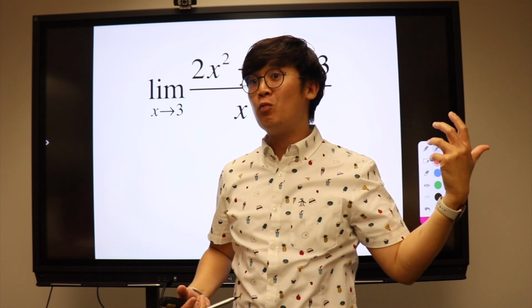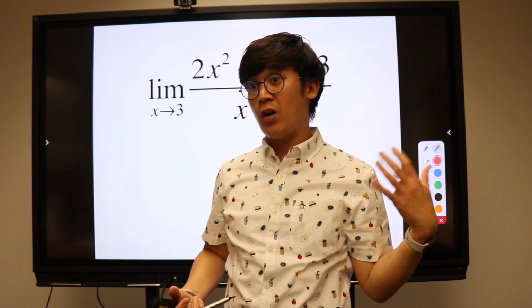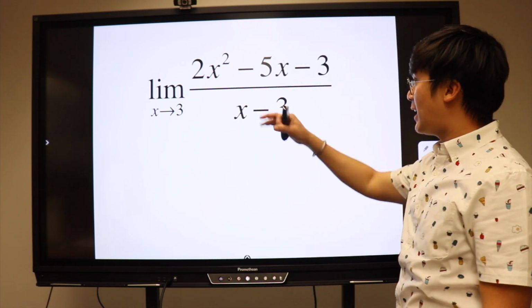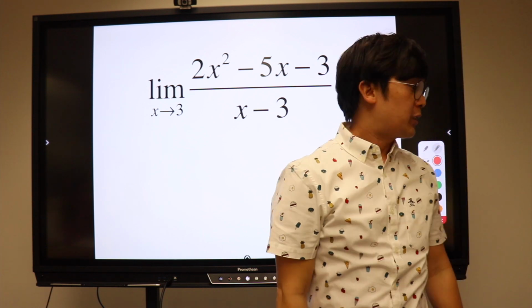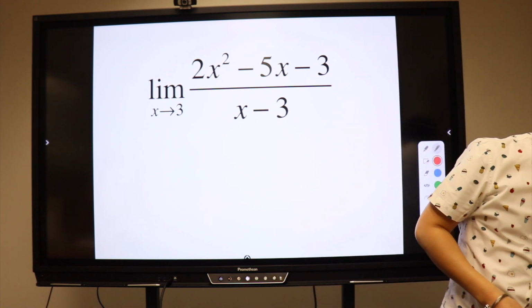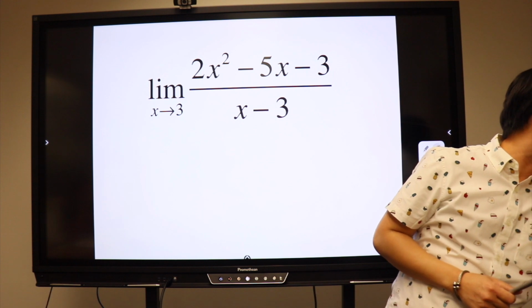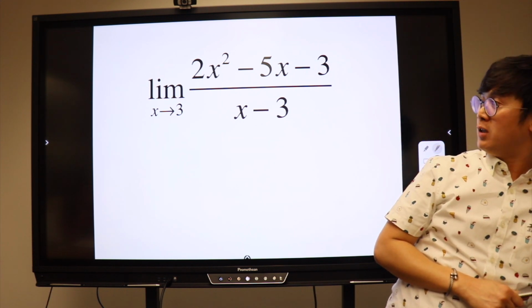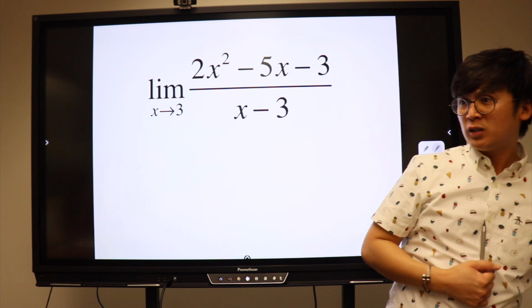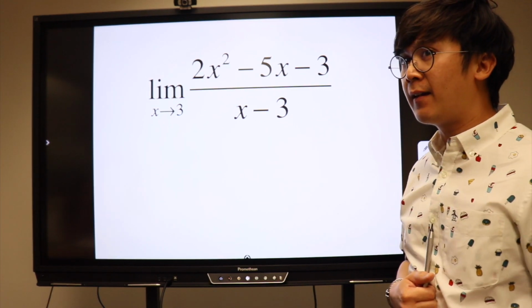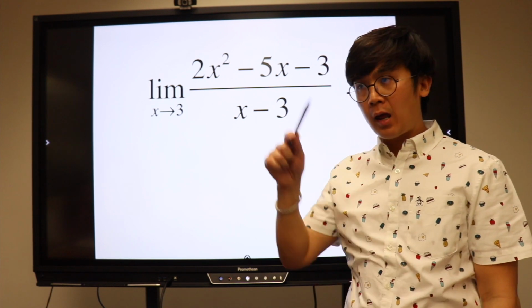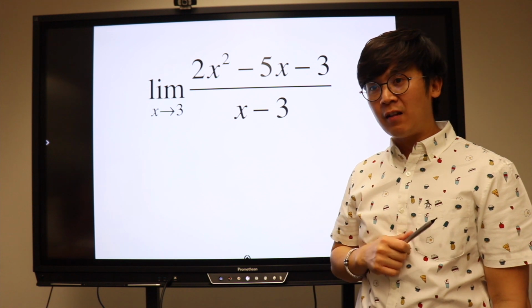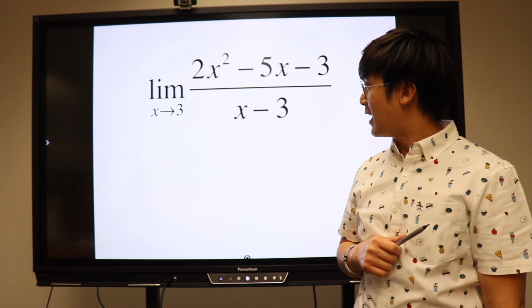It means from which direction you are supposed to be looking at the function. Now, limit of this function as x approaches 3. How are we going to solve problems like this if it will exist? We're not solving it yet because right now we're not seeing the graph, right? So if we're not seeing a graph, how are we going to solve it using algebra or a mathematical process? Do you have any idea how to solve this limit of a function as x approaches 3?